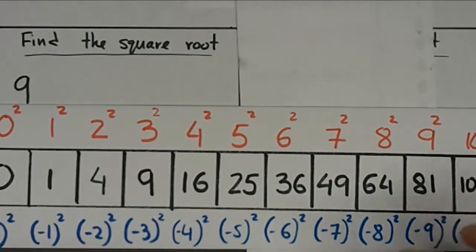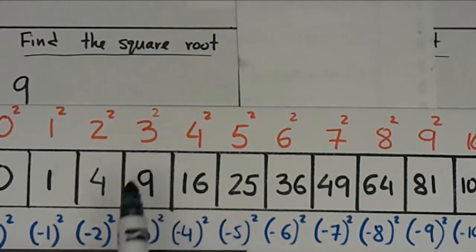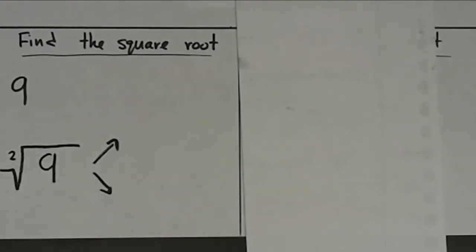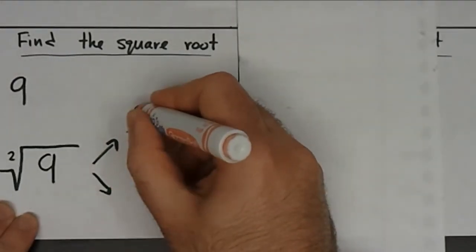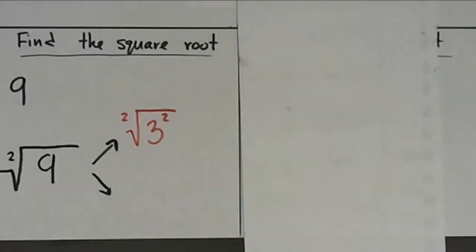If you remember this chart, 9 can be written in 2 ways in exponential form. 3 to the second power, 3 times 3, or negative 3 to the second power, negative 3 times negative 3. So I can have it written in 2 forms, either like this, or like this.